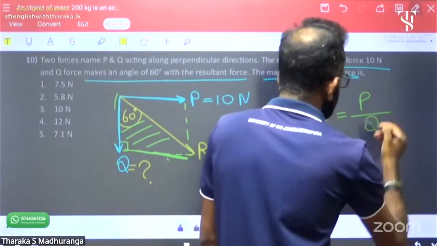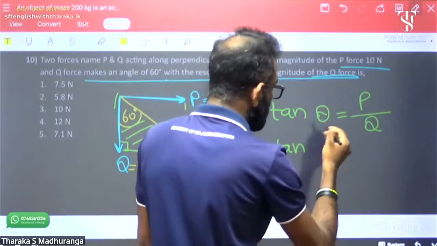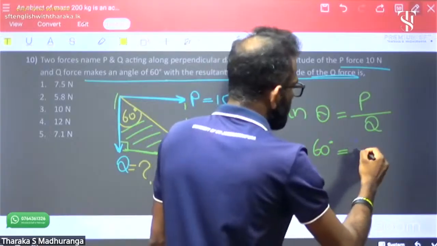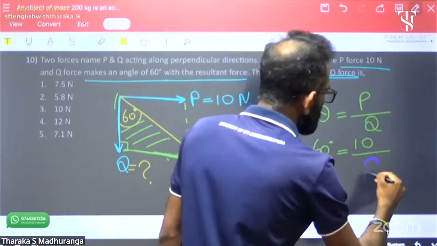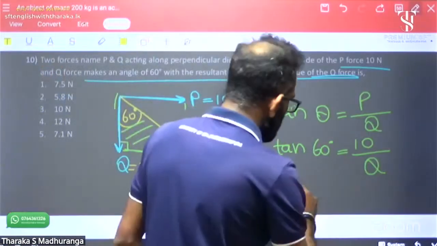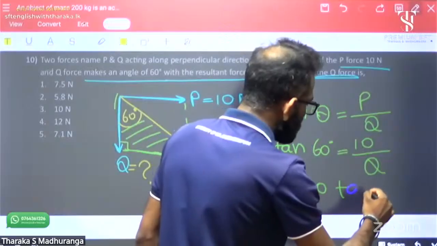Now tan 60 means tan theta. P equals 10. Now you can calculate Q. Q equals 10 tan 60.